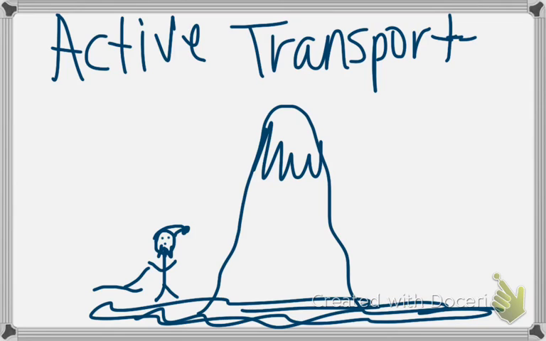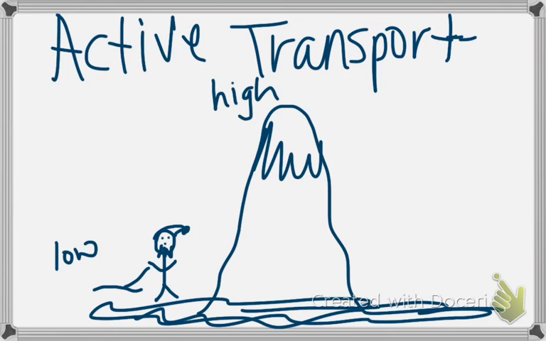He is going to be going from a low elevation to a high elevation. This is after he slid down the hill just a minute ago and he thought, man, what a rush. I'm going to do it again.